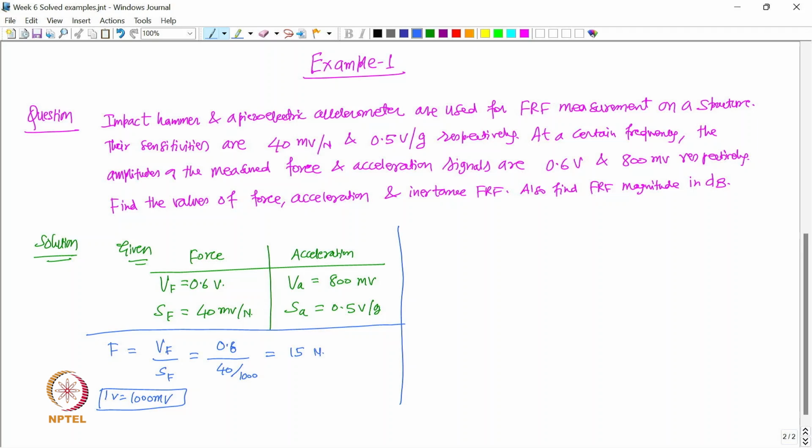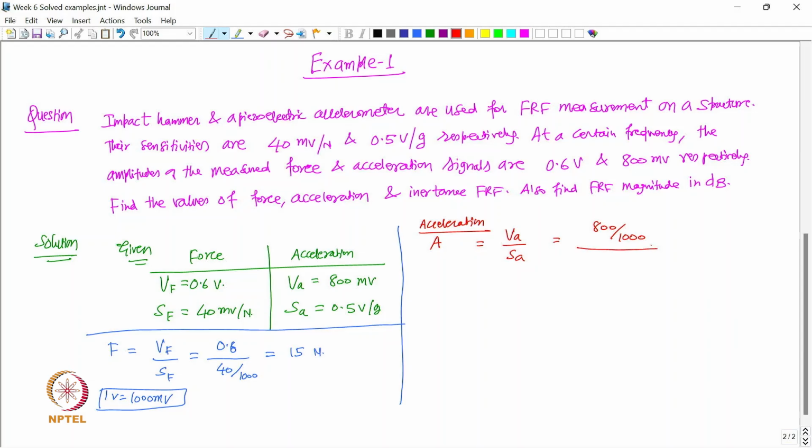Now, we can talk about finding the acceleration. Let us call it A. In the same way, A will be equal to the voltage of the acceleration divided by the sensitivity of the accelerometer. Here also I should be careful with the units. The voltage has been given as 800 millivolts, so let us convert it to volt first: 800 divided by 1000.